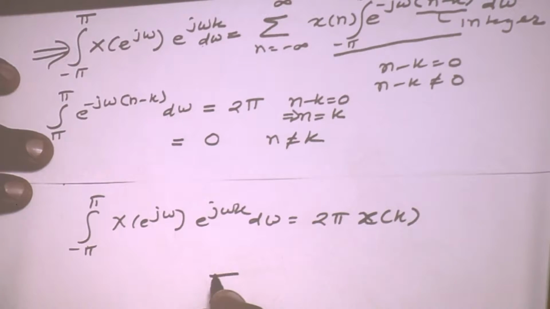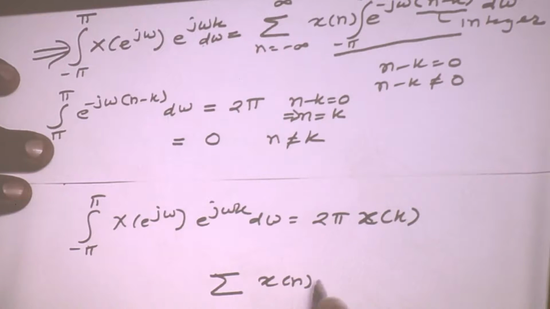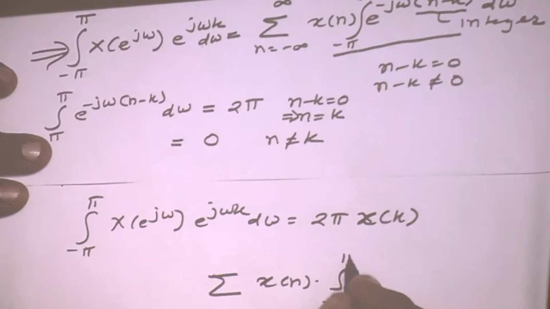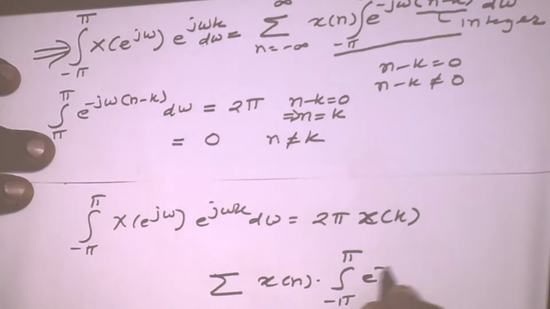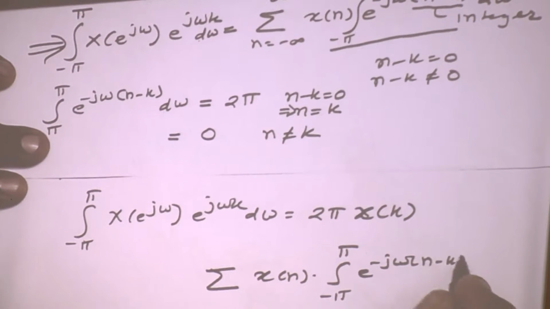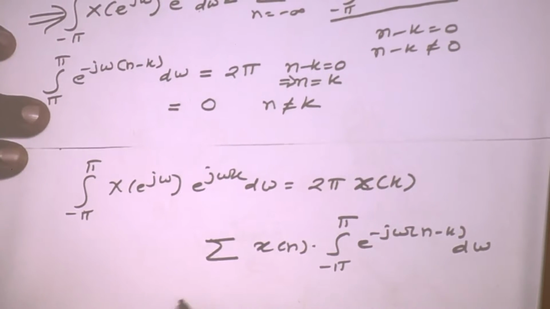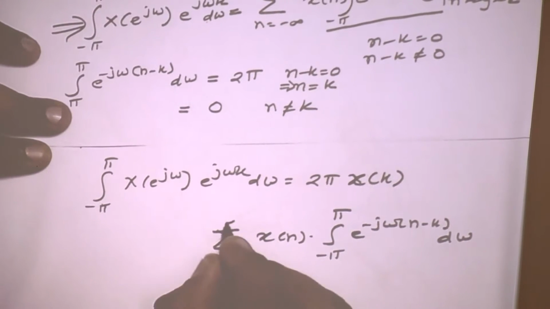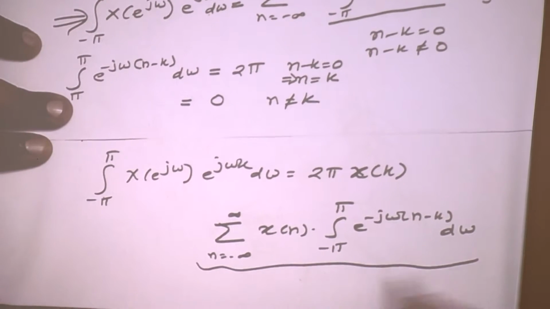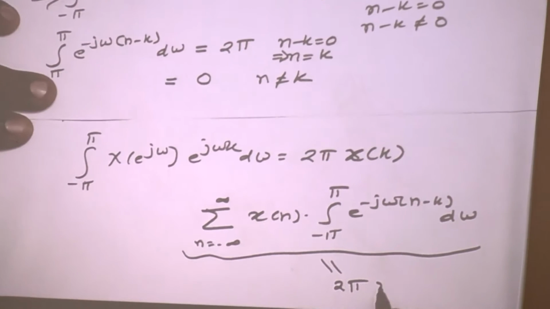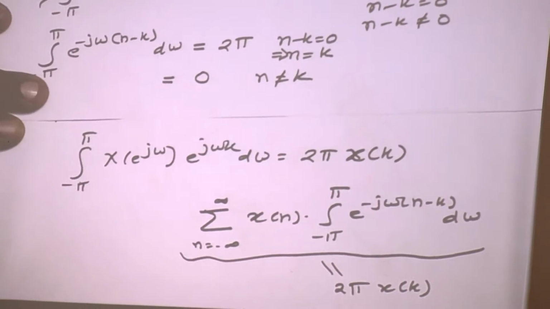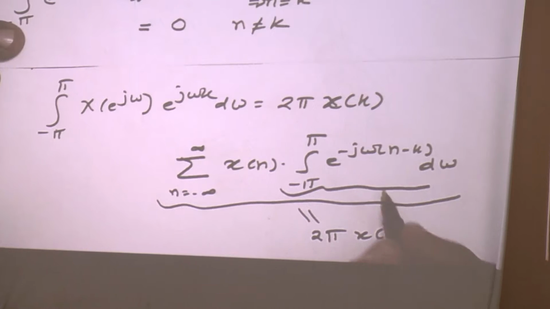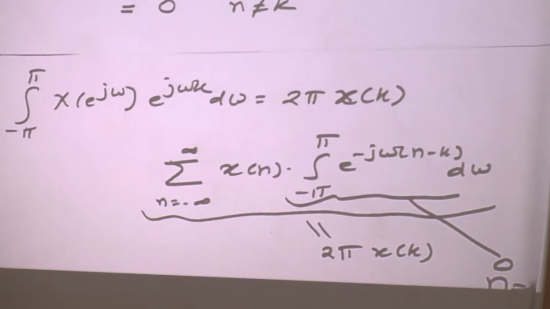Are you with me? Summation of x[n] multiplied by the integration from minus pi to plus pi of e to the power minus j omega (n minus k) d omega, with n going from minus infinity to plus infinity, is going to be equal to 2 pi times x of k. Is that clear? Because this value is going to be equal to 0 for n not equal to k.